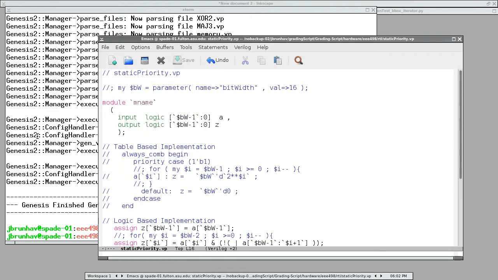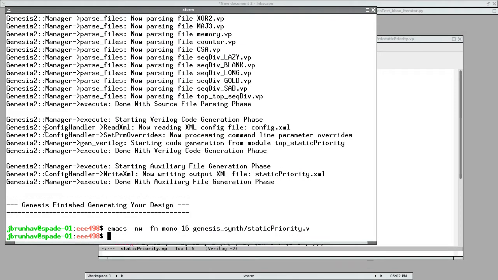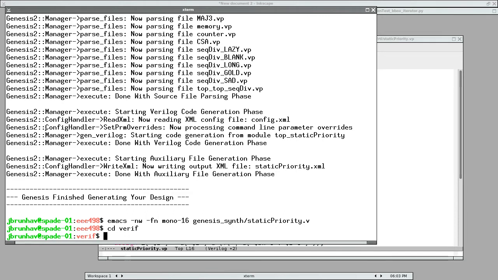So what we would like to do is work on our round robin unit. The way that we're going to start that is we're going to just copy over the way that we were verifying static priority, and we'll call this uniform arbiter.